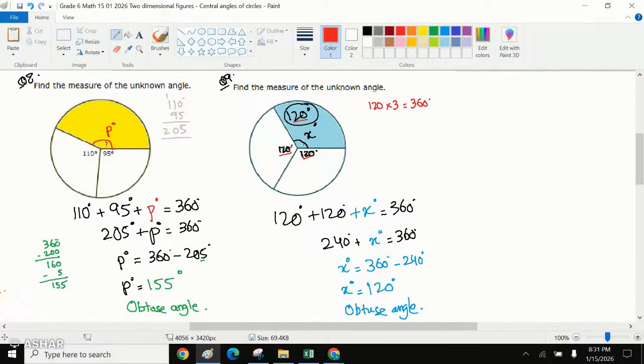Do we agree on that? Or we say that if 360 was the total angle of the pizza, there were three friends, then each friend should get 120. That means these angles are equal angles. They are equal in area also, because their angles are the same.